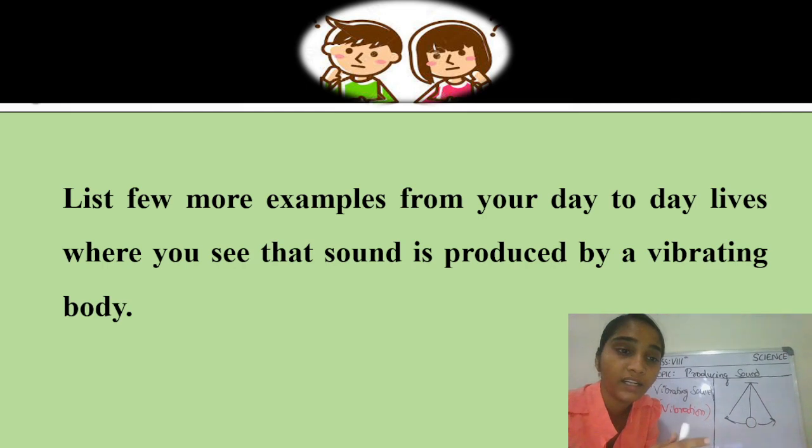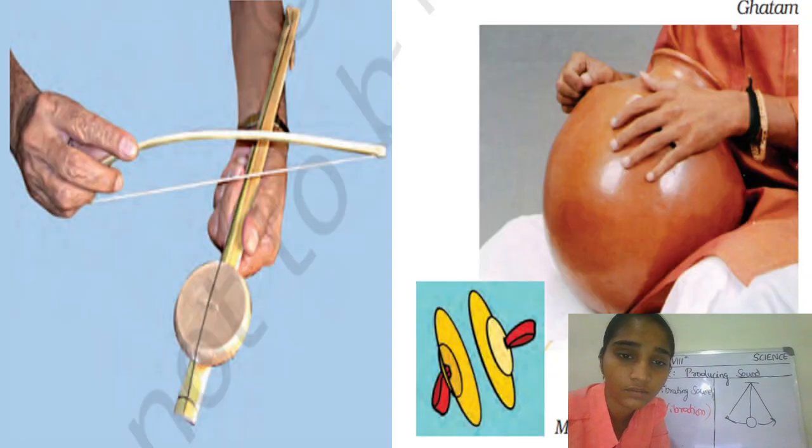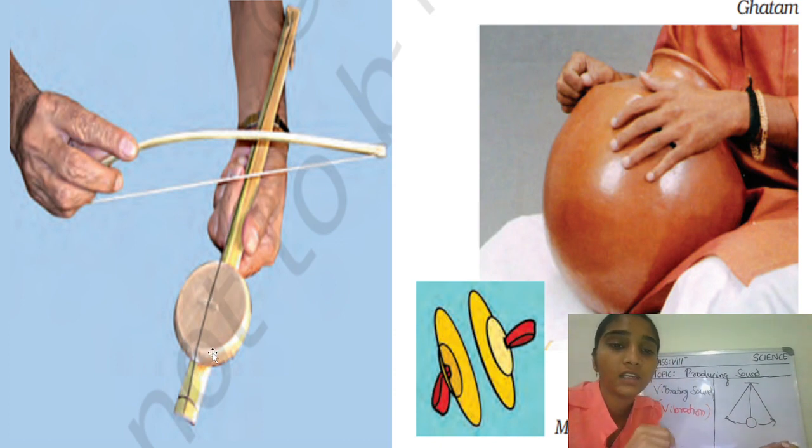Yes, very good. You might have heard about a sarangi, which is very famous in Rajasthan. So let me show you how it looks. Yes, it looks like this. Students, in Rajasthan it is very famous, when the person makes very beautiful music out of this. So here also vibration in the string is going on, right?